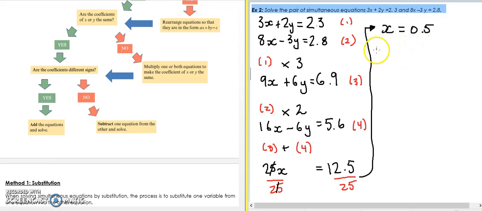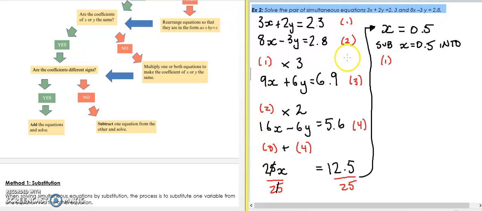Alright, let's go ahead and substitute this value of x is equal to 0.5 into equation 1. Now I can substitute it into either equation 1, 2, 3, or 4. You can choose any equation. You will always get the same y value.